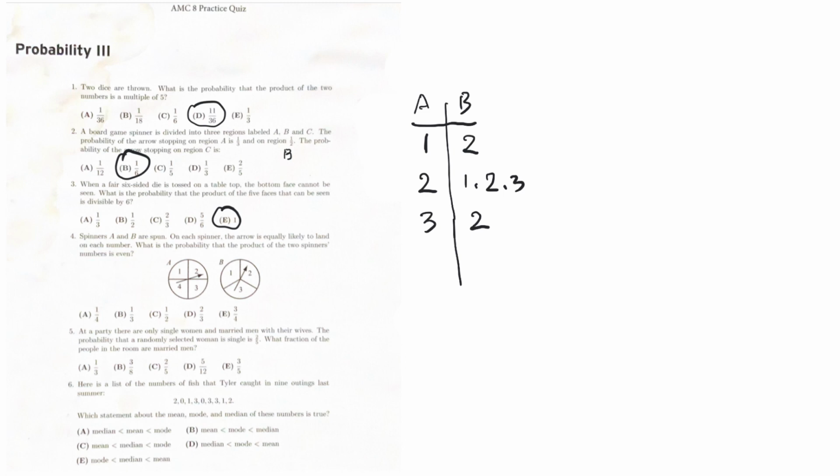If the arrow points to the 4, all the numbers on B, 1, 2, 3, give an even product.